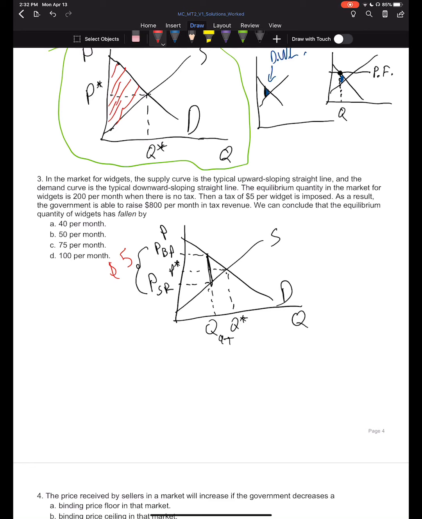Well, we know that tax revenue is equal to the size of the tax times the quantity sold, the quantity after tax.